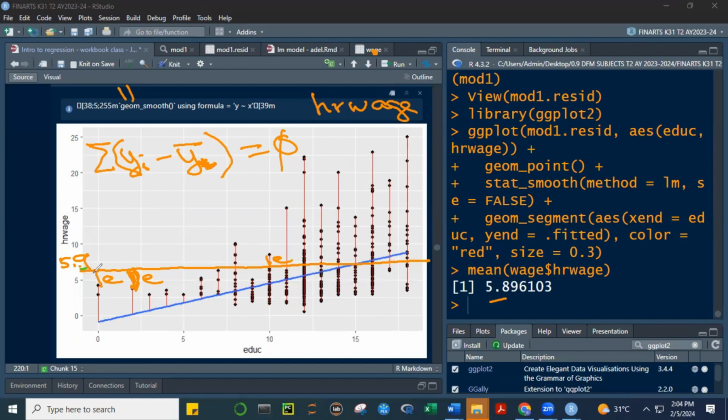Because with the average, it balances out what is above the mean and below the mean. If they balance, then when we add them, class, it's 0. Okay? That's why we don't get the plain sum of that, just like in regression, class.